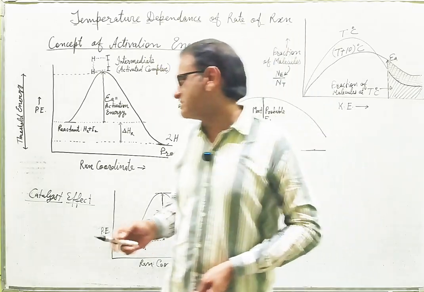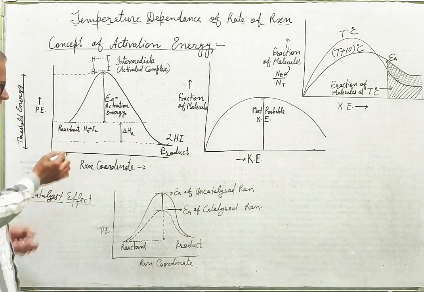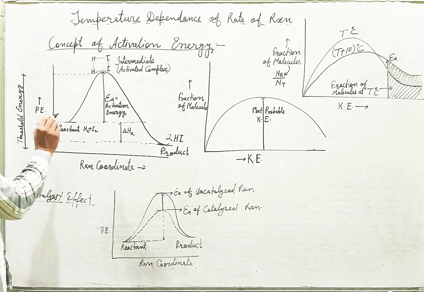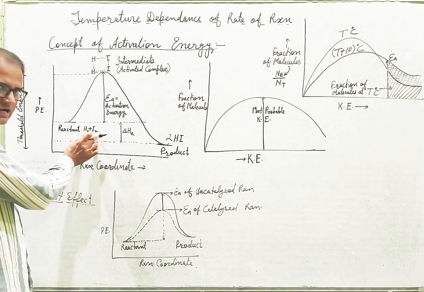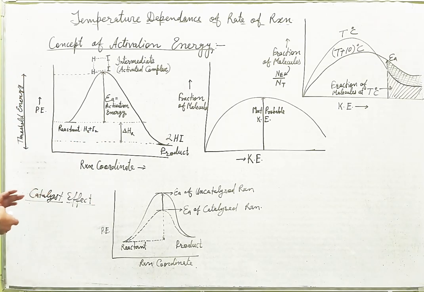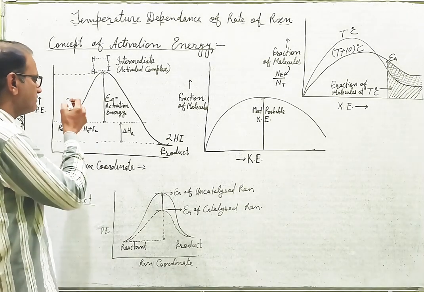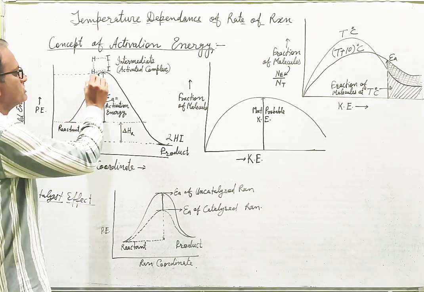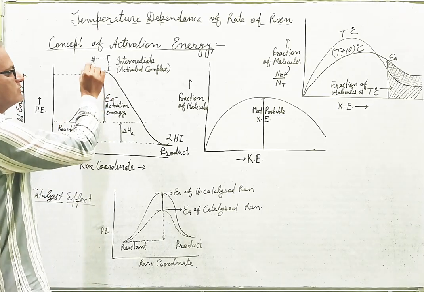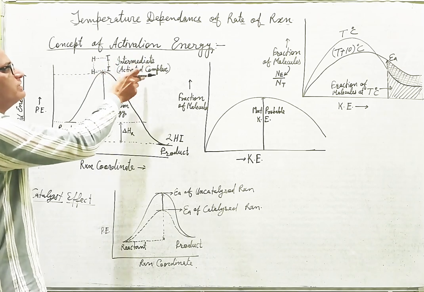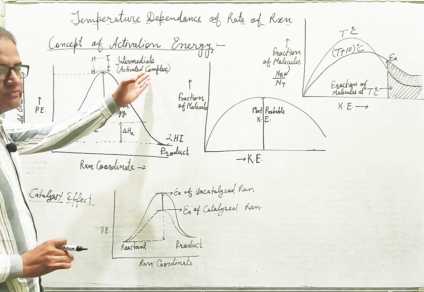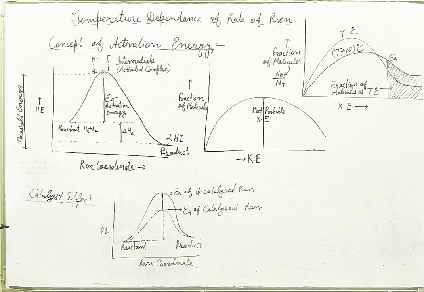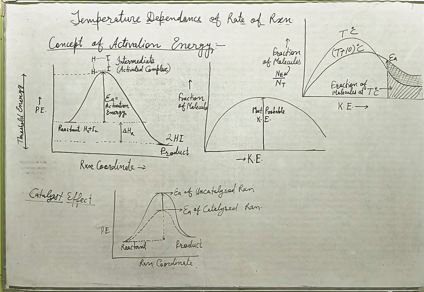Graphically, suppose these are the reactants, and they already have this much energy. If they collide with each other, according to Arrhenius some molecules will get extra energy and reach up to this level. At this level they form an intermediate, also called the activated complex, which then converts into product, hydrogen iodide.